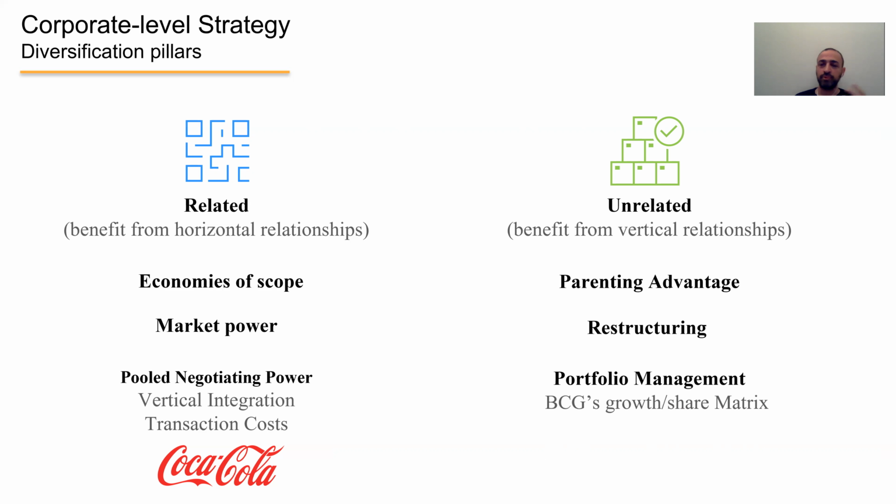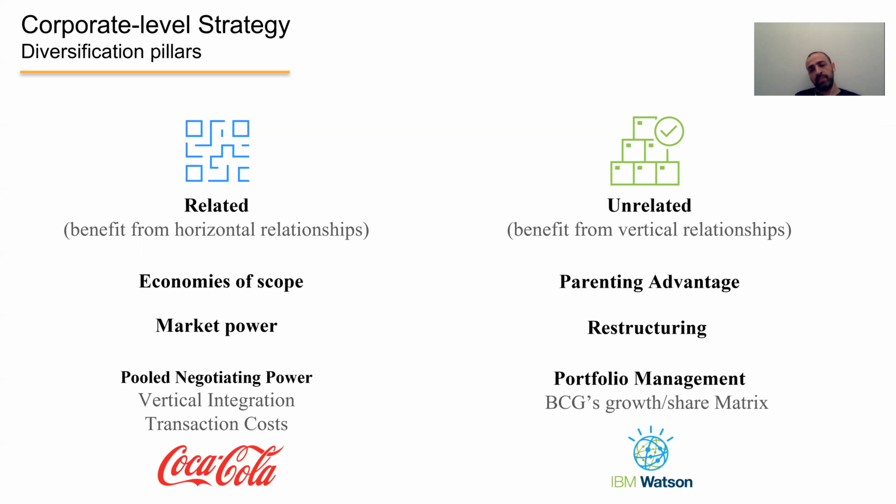You can improve the structure or change the management, change the CEO, or optimize the departments. And finally, you have to take care of your portfolio management through the business growth market matrix, growth or share matrix.